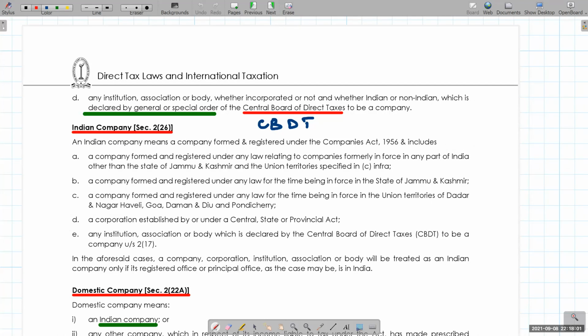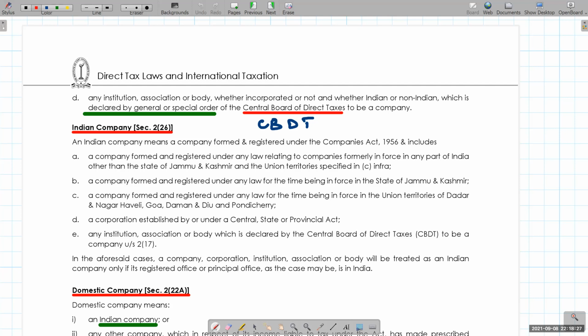Next we are going to study what you mean by Indian company. An Indian company means a company formed and registered under the Companies Act 1956, and includes any company formed and registered under any earlier law for the time being in force. So before and after 1956, including 2013, they are formed and registered under the Companies Act, which is a statute in India.